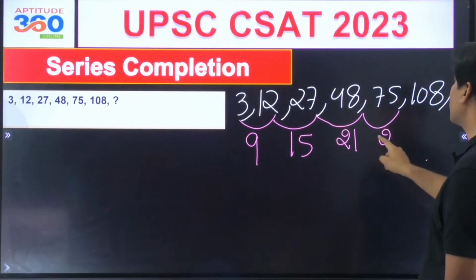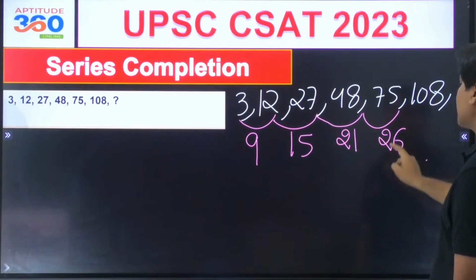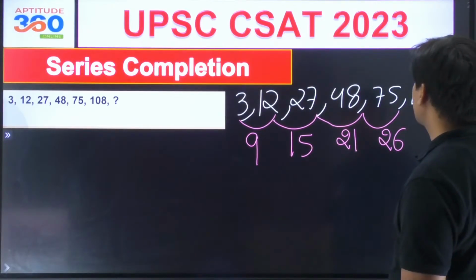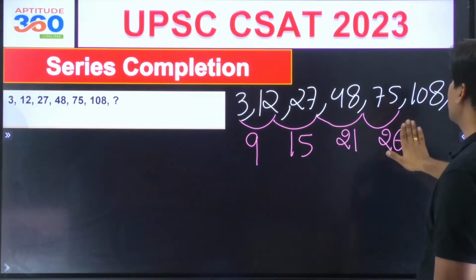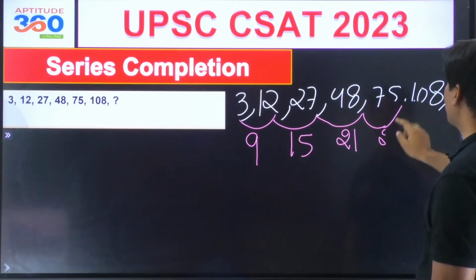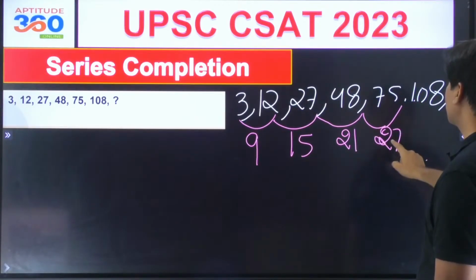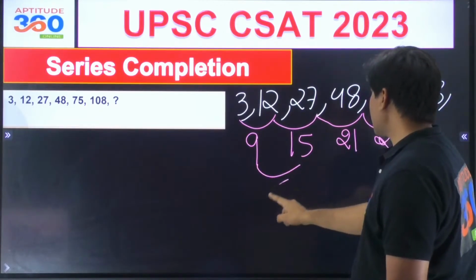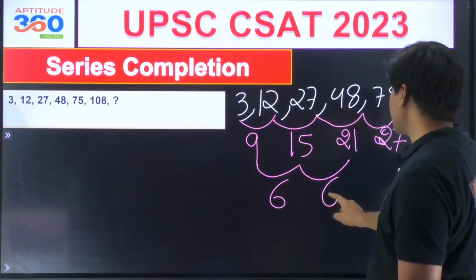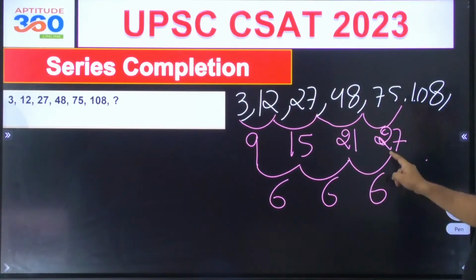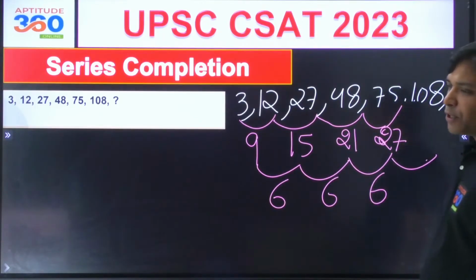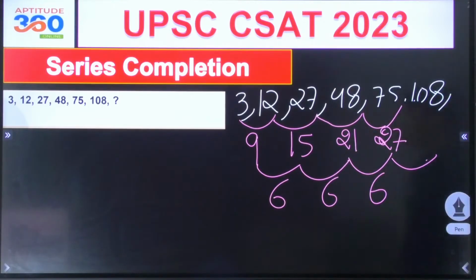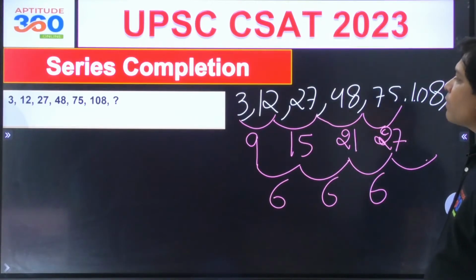And then 26, something like this. My bad, it is 7. This is 6, this is 6, this is 6, isn't it? So now it's pretty simple for you to find out. Some of you are saying 147 and some of you are saying 144.